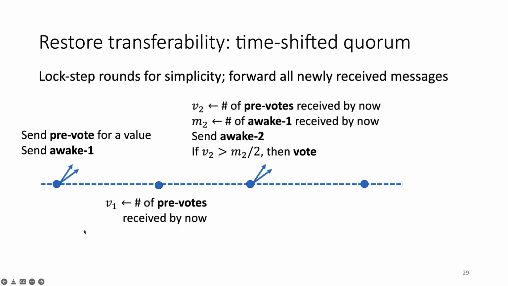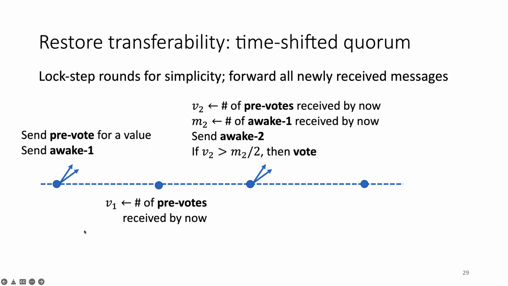Okay, next round, a bunch of things happening. I will again count how many pre-votes I got, and I'll record V2. V2 will be higher than V1 because I'm continuously counting how many votes I got. I'll also recount how many awake 1 messages I got; we'll call that M2.